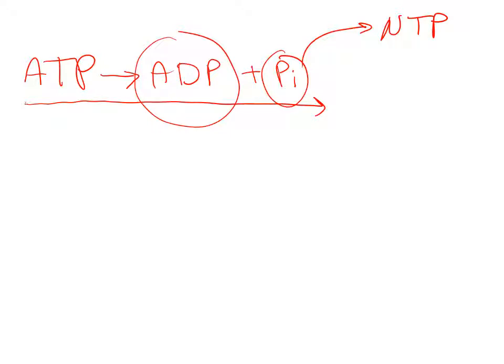So this accumulation of ADP in the muscle is not good. So muscles have to be able to accommodate this accumulation of ADP, and luckily we have an enzyme called adenylate kinase.